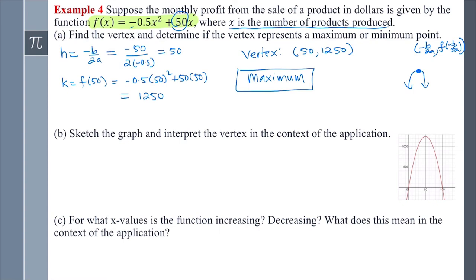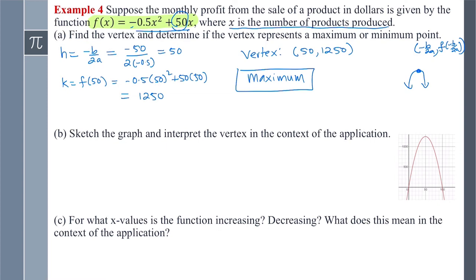Now the next one says sketch the graph. I have graphed the function here, but you can just sketch the graph. You don't really have to use a calculator because we know the vertex. We can find the x-intercepts. In order to do that, you take the expression, set it equal to 0, and solve for x.